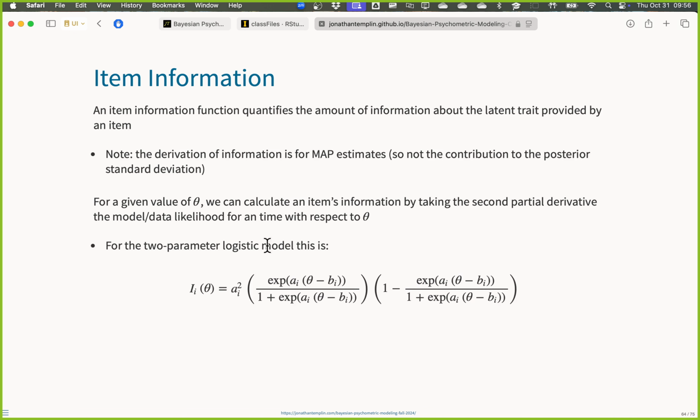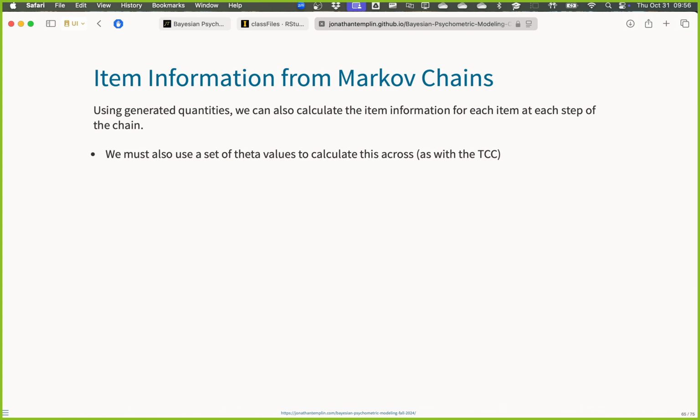And how we calculate it and use it, this is our information function. If you're in an IRT textbook, sometimes they call the expected probability of a correct response P, and then 1 minus that, sometimes they call that Q. So the classical formula you may often remember is A squared times P times Q. We can calculate this in Stan again.